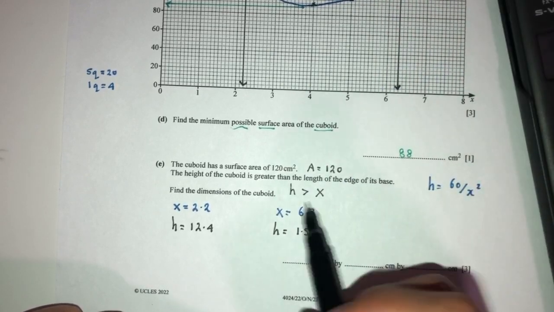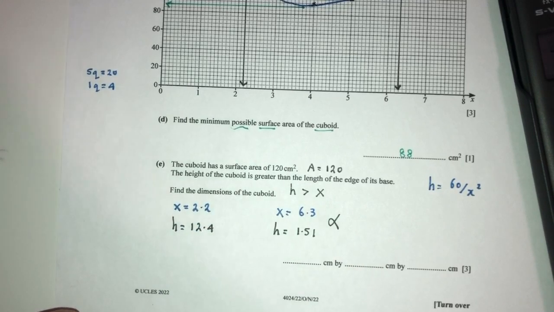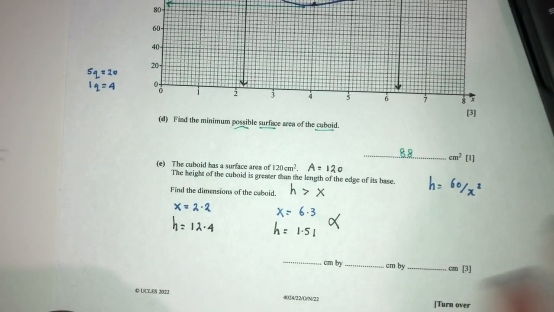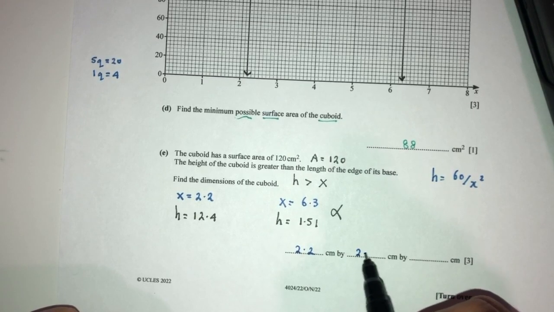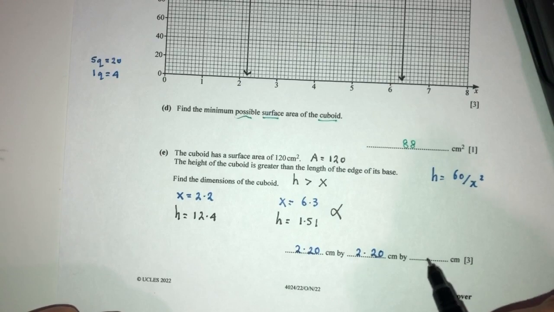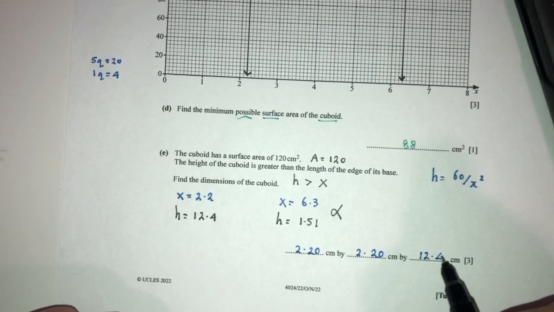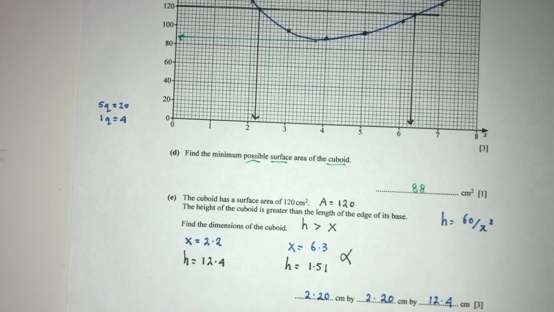As you can see, the height has to be more than x, so this is not possible. So this one will be the value that we need. So it will be x by x, so 2.2 by 2.2, by 12.4 centimeters, corrected to 3 SF. And that is your question number 3.